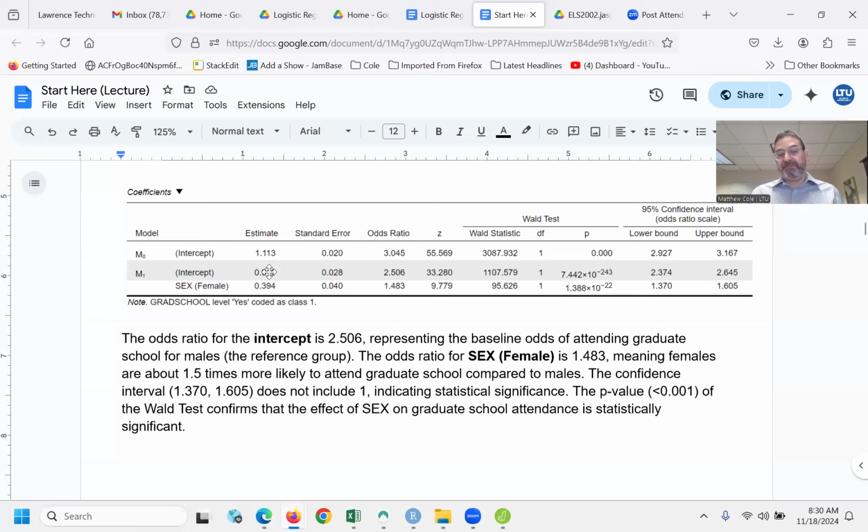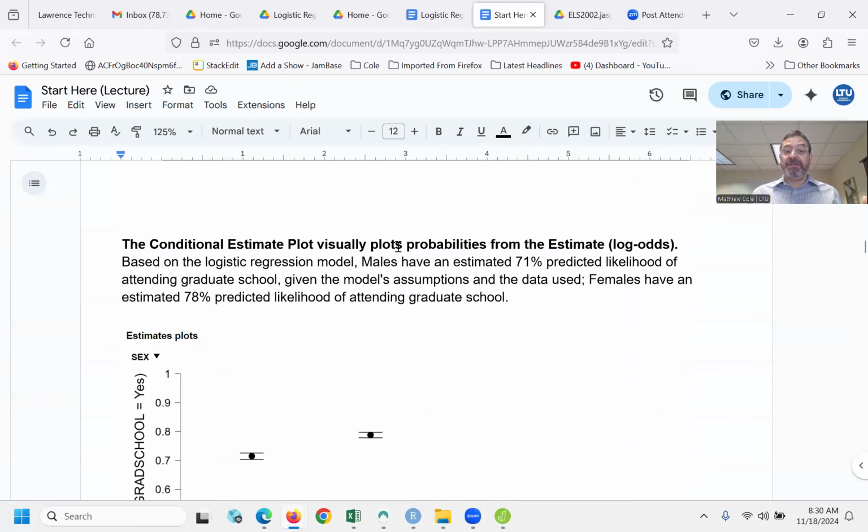So a log odds of 0.394 is equivalent to an odds ratio of 1.483. It's also equivalent to a probability of 71%.